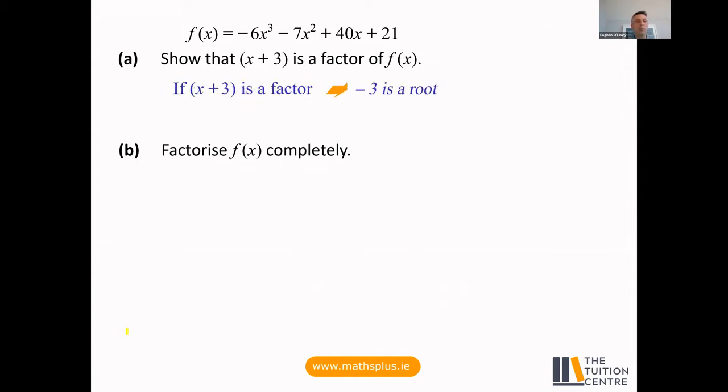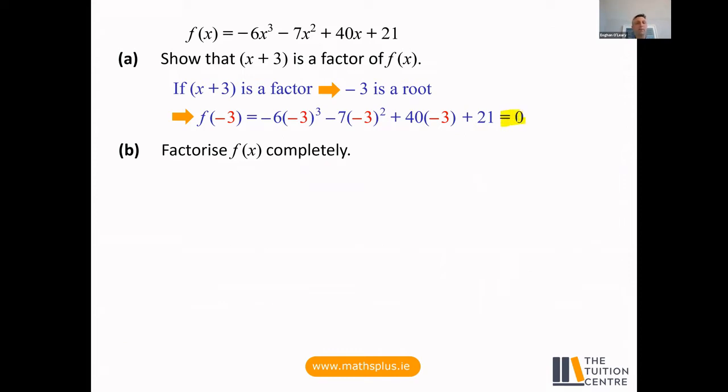Or alternatively, if x plus 3 is a factor, then minus 3 is the root. So by putting minus 3 in where you have x, you should get an answer of 0, and that in fact is what happens here. When we sub in minus 3 for x, we get 0, and of course that tells us that minus 3 is a root and x plus 3 is a factor.